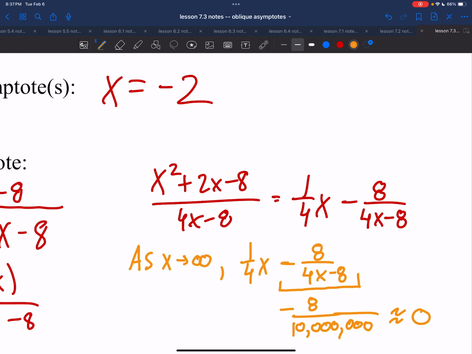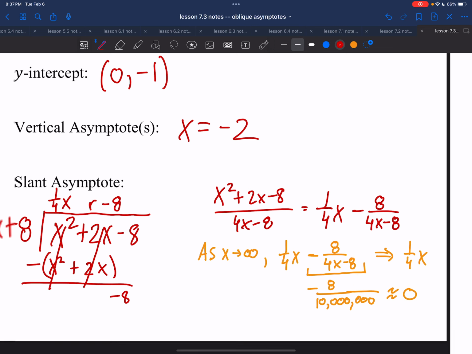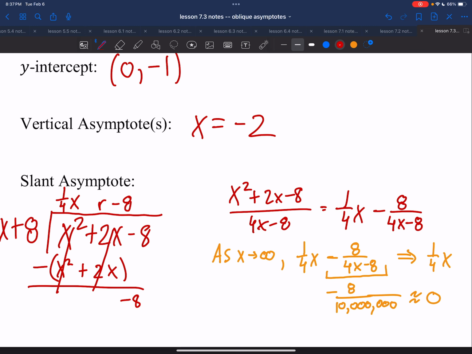So where are you going? As x goes to infinity, 1/4 x minus blah, blah, blah goes to 1/4 x. Essentially, that remainder part doesn't matter. Our slant asymptote is y equals 1/4 x.